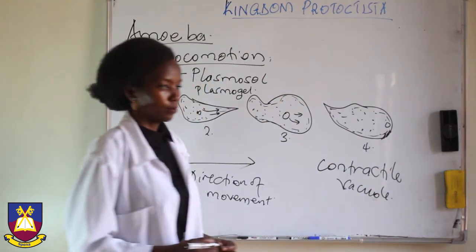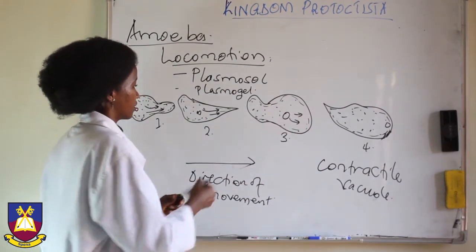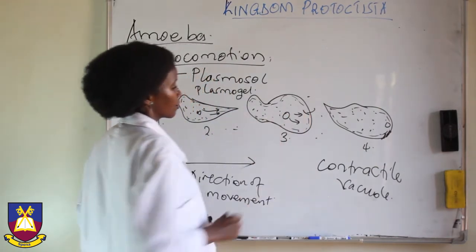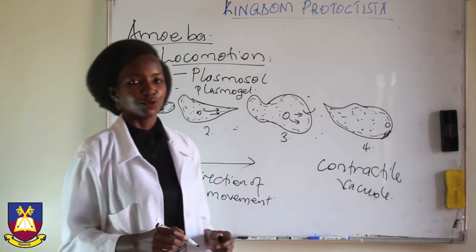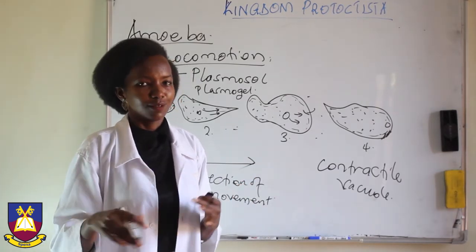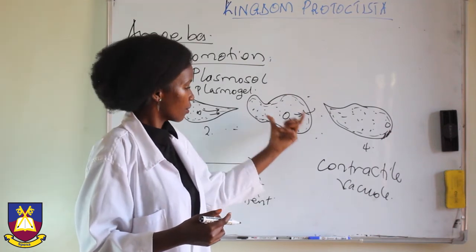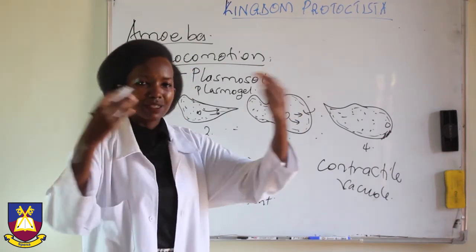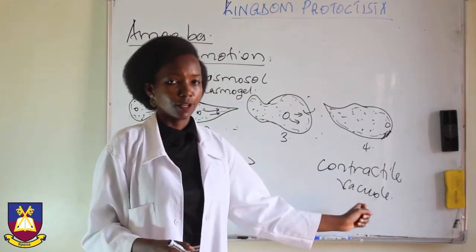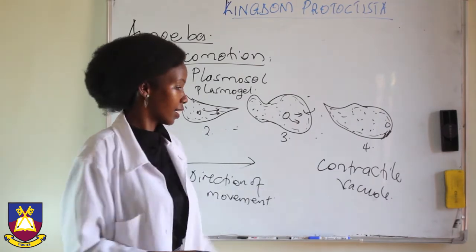Okay, so this contractile vacuole, since they live in water, there's tendency of water to enter into the cell. And as we all know, if you take in too much water, chances of survival are much less. So these organisms excrete that excessive water by formation of what we call the contractile vacuole. Okay, remember vacuoles in organelles.